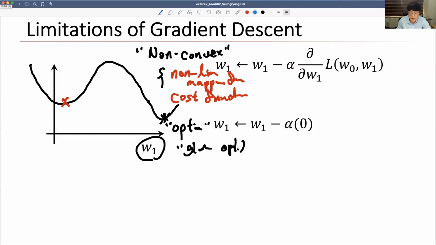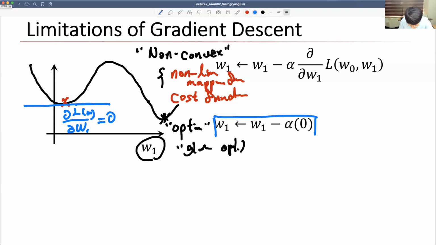To compute the gradient, we can find the tangent line here. But as you can see, the slope of this tangent line will be 0. In other words, the loss gradient with respect to W1 is going to be 0, right? So in this case, the one step in gradient descent will be 0. Then W1 remains unchanged, right?